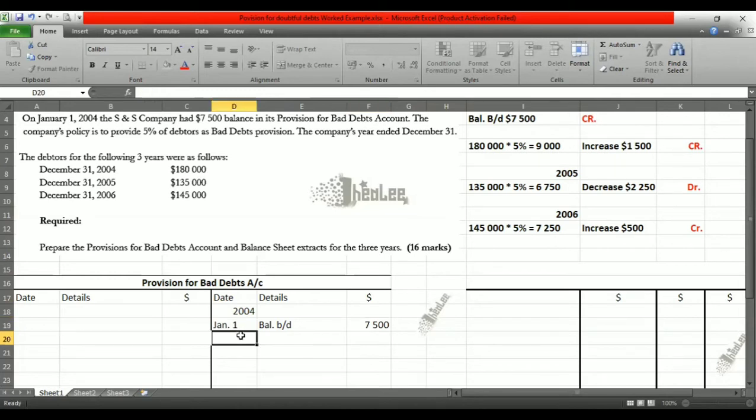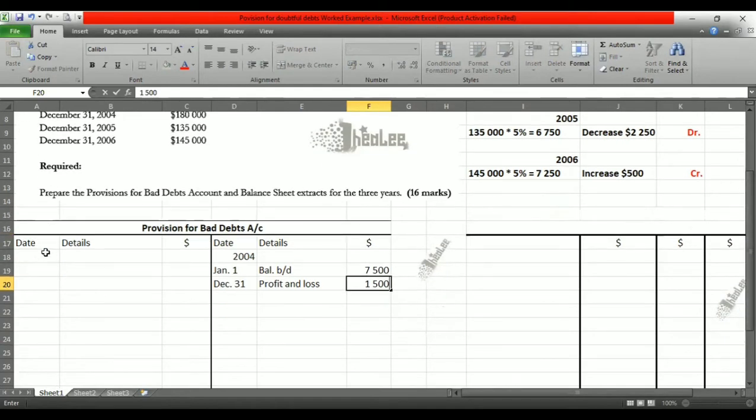So your profit and loss account would be debited. So that is December 31st, and our details is profit and loss. That's the other item affected. And the value that we're recording is $1,500. Now, there is no other entry for 2004.